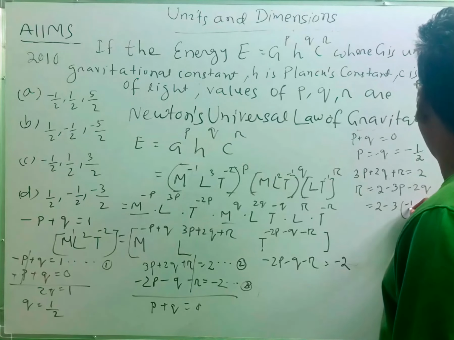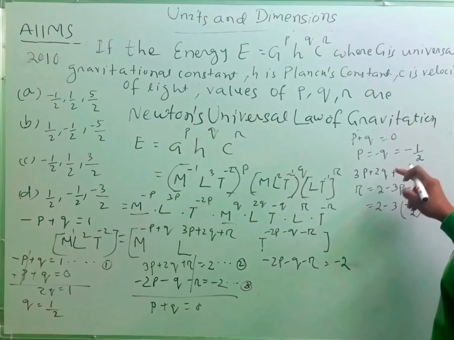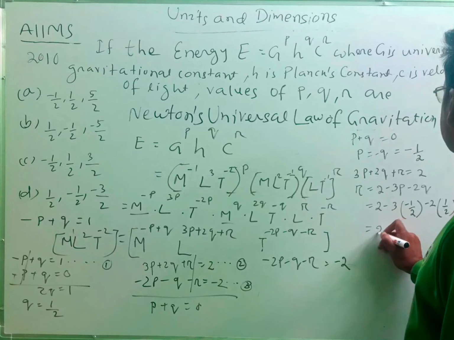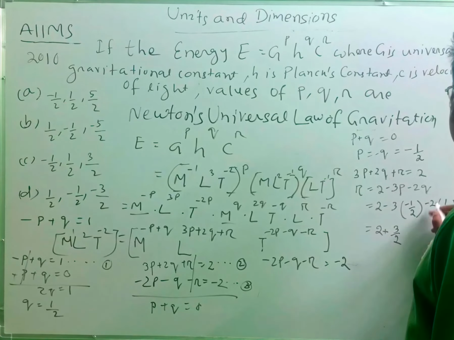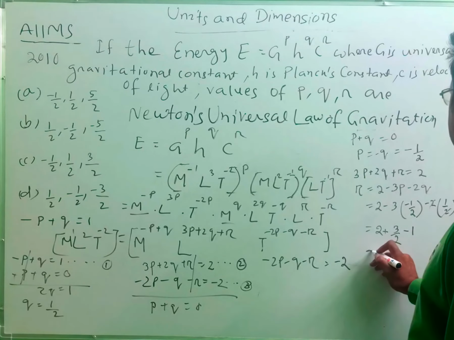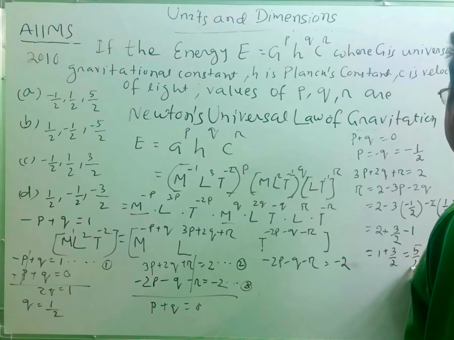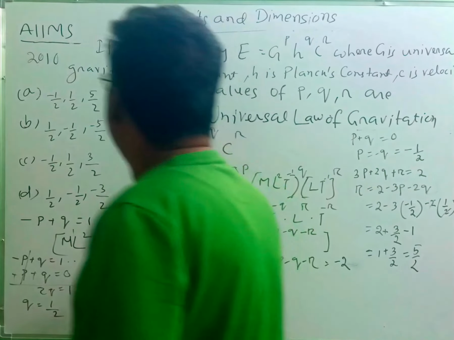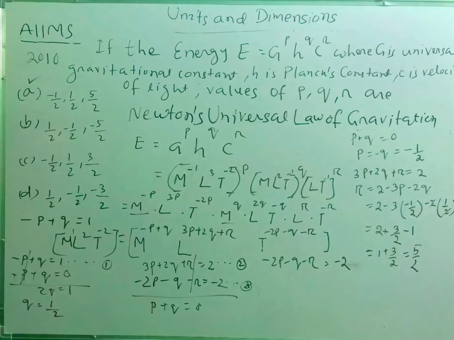P is minus half, and minus 2q means minus 2 into q. Q is half. So this becomes 2, this minus minus becomes plus 3 by 2, and minus 2 into half gives minus 1. So 1 plus 3 by 2 is equal to 5 by 2. So r is 5 by 2, p is minus 1 by 2, q is equal to 1 by 2. That is minus 1 by 2, 1 by 2, 5 by 2. So option A is correct, students.